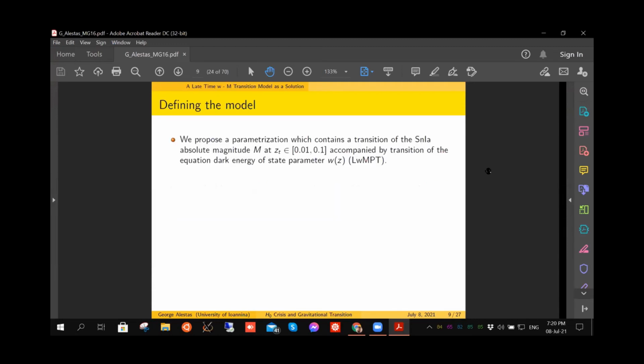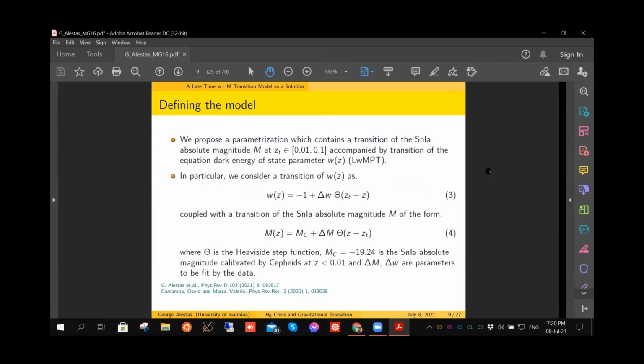Now, to define our model, we propose a parameterization which contains a transition in the supernova absolute magnitude, accompanied by a transition of the dark energy equation of state parameter w of z, and we call this model the LWMPT. The model itself is defined by equations 3 and 4, which display the transitions of w of z and of the absolute magnitude with the help of a Heaviside step function, where M_C is the supernova absolute magnitude as it is calibrated by Cepheids for redshift below 0.001.